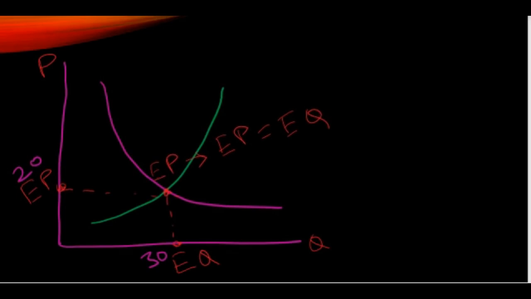So now let's say the price is increased to 40. Now let us look at this demand curve and supply curve, how they look. So now what is happening here, if you draw the line, the demand has reduced, right?